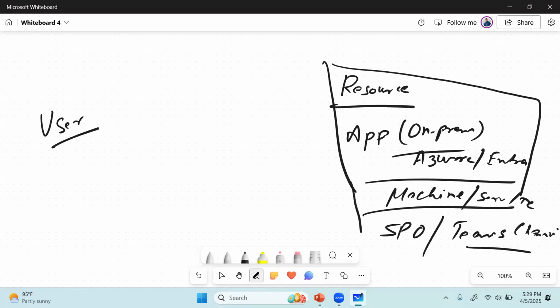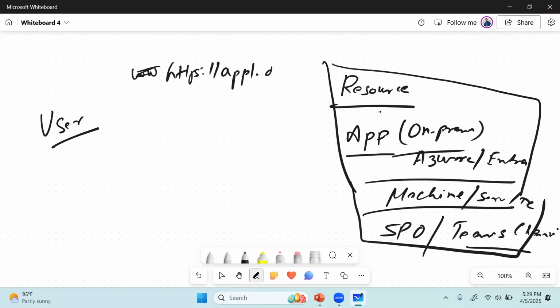Is it possible that any user can access any of these resources just by visiting their page? For example, let's say this application is hosted at the URL https://app1.domain.com.